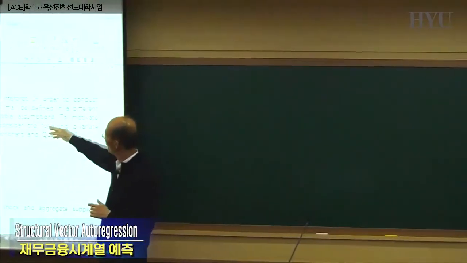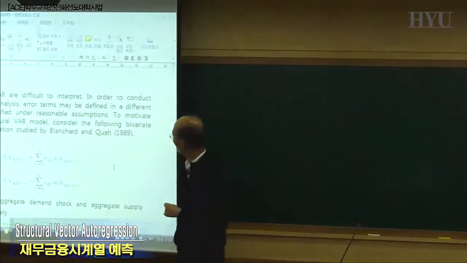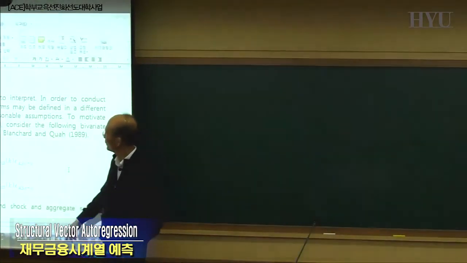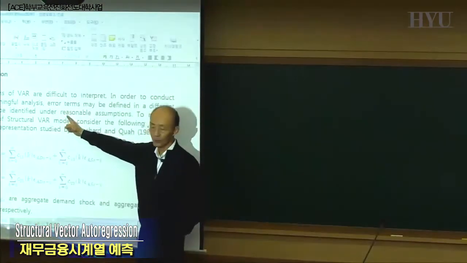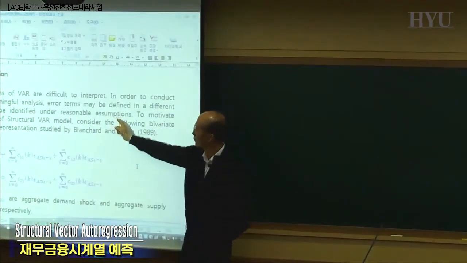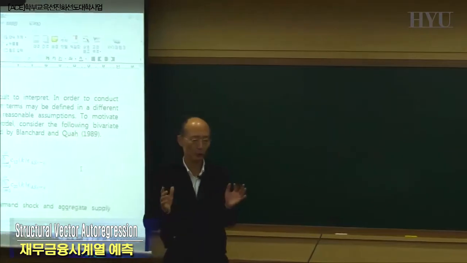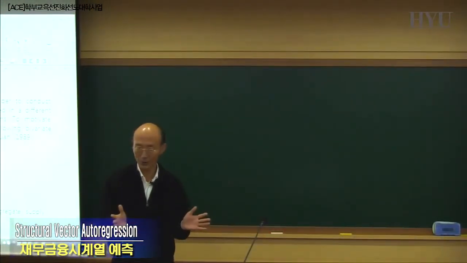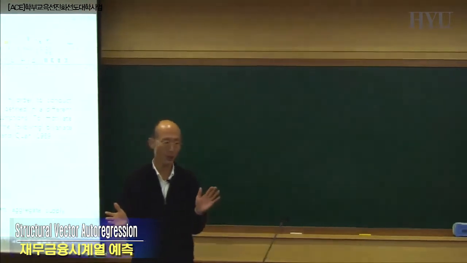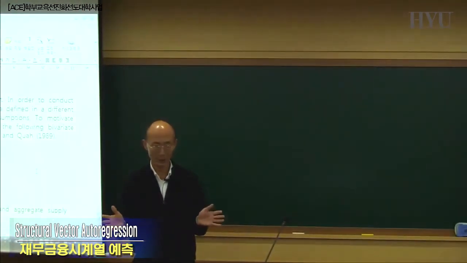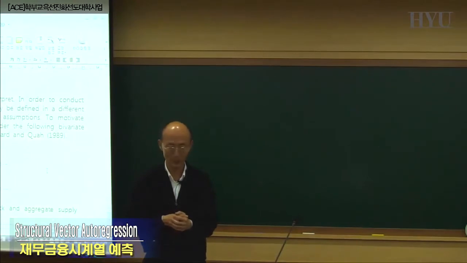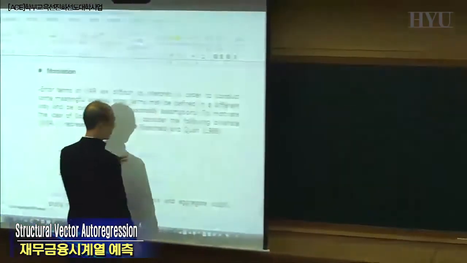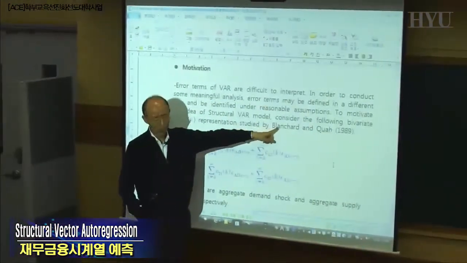So our motivation here is, if you make some reasonable assumptions, you might be able to identify residuals or innovations which may be interpreted in more economic terms. Okay. So here is an example borrowed from Blanchard and Quah.